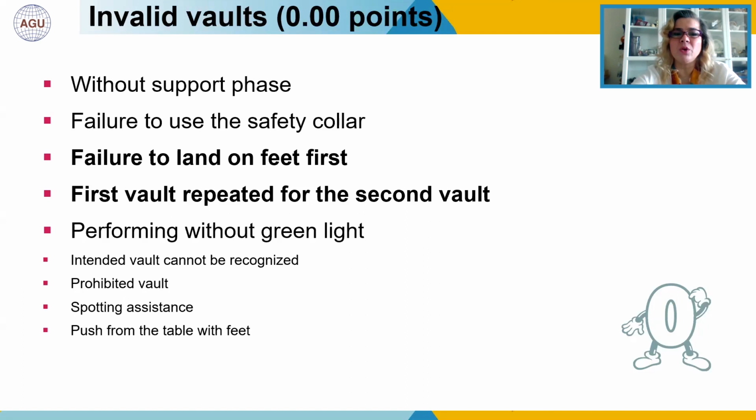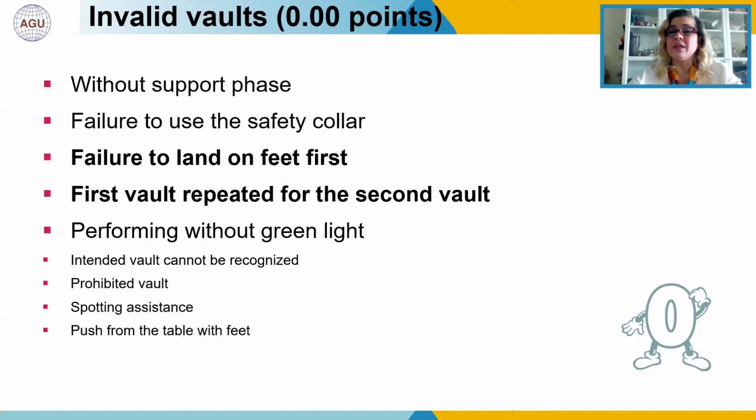Also performing without green light, which means if the gymnast starts while the red light is lit, also 0. If the intended volt cannot be recognized, which means if the gymnast executes the volt so poorly that you cannot recognize it, then it's 0.